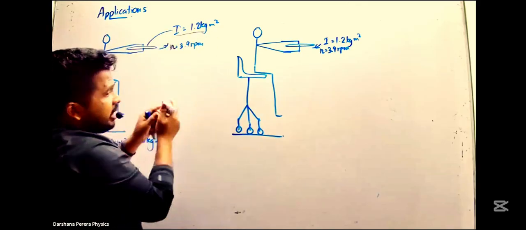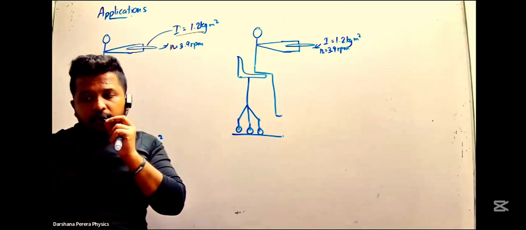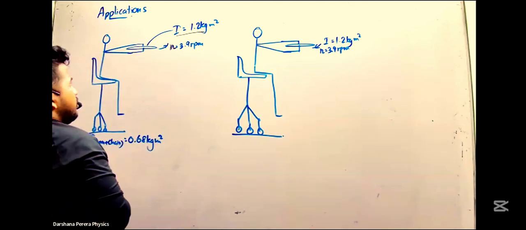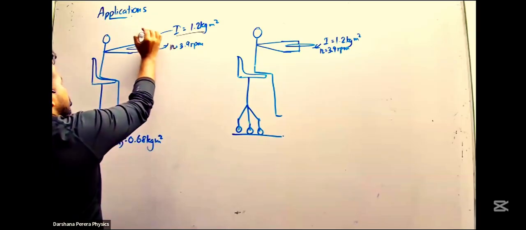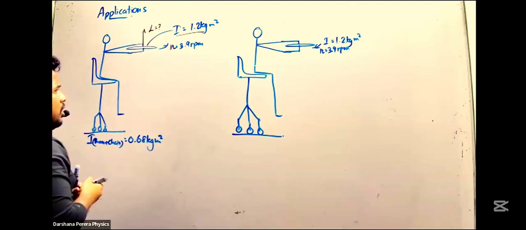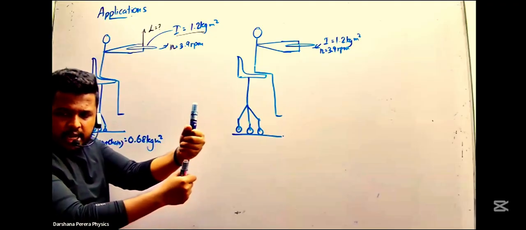Therefore, we have to find the angular momentum. For this case, the angular momentum is in the upward direction. First of all, you have to find that one. Then the man and the chair are stationary.